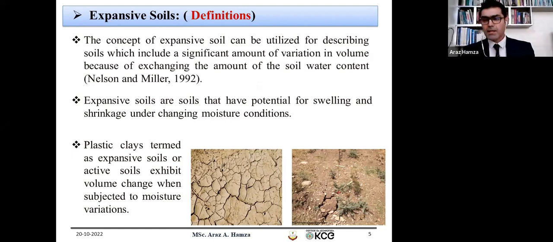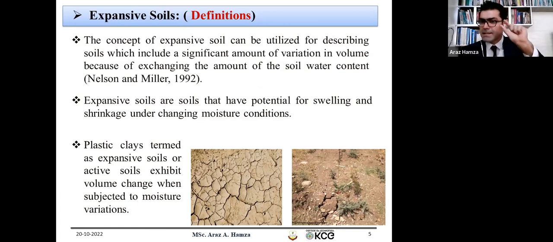You see, we have different types of definition, but there are two keywords in all the different definitions. As a student, you can define expansive soil again, but be careful about two things.